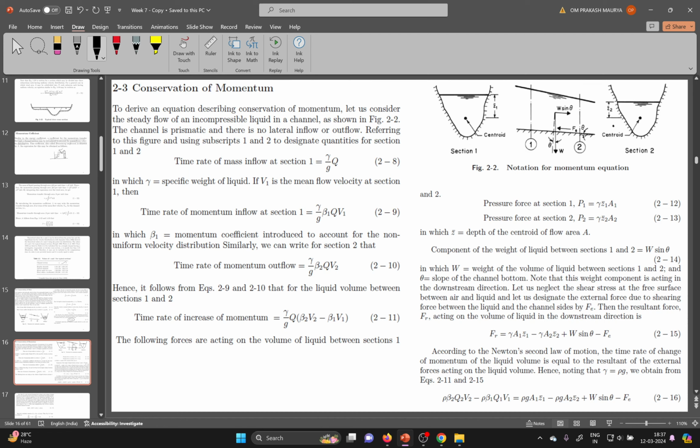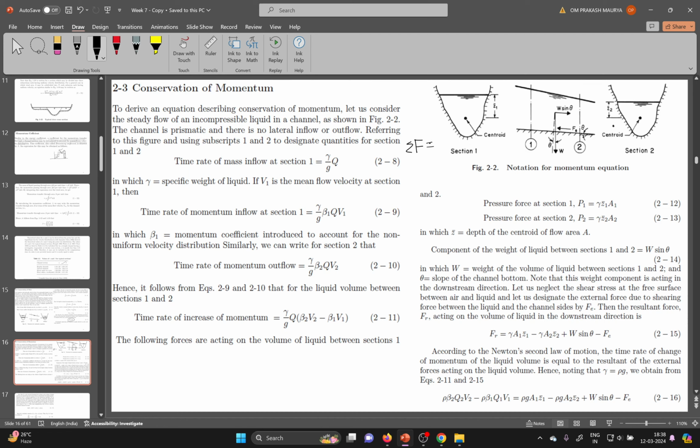So now I want to discuss the conservation of momentum. It is nothing but Newton's second law: force is equal to the rate of change of momentum. So the summation of forces: how much force is acting here and how momentum is changing.